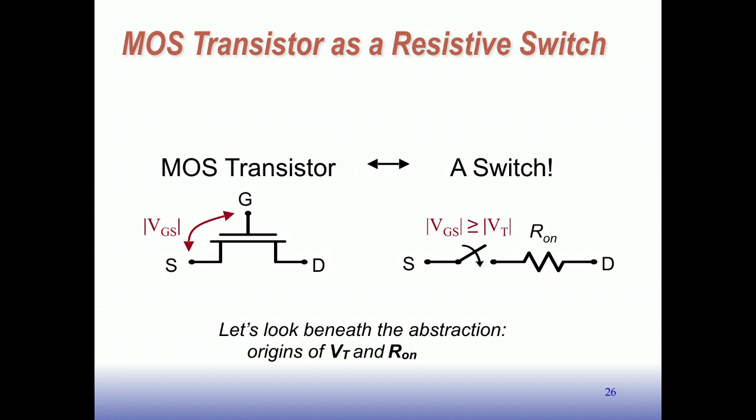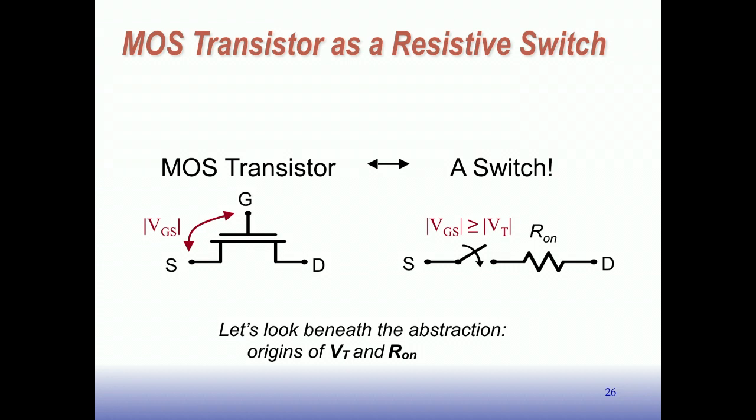One is when it's on, there's actually some resistance in the channel, which is a natural thing. It means it can't supply an infinite amount of current for a given voltage. Every kind of conductor that we can imagine in the real world has some resistance. So we'll think about the so-called on resistance. It's the resistance of this transistor between the source and the drain when the transistor is turned on. The other thing that makes it not a perfect switch is that in order to turn it on, you need to get the voltage on the gate past some threshold voltage.